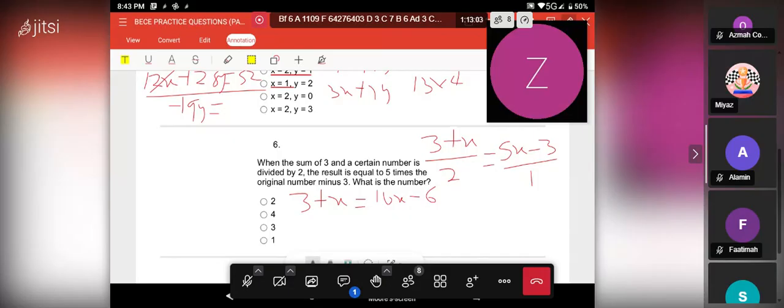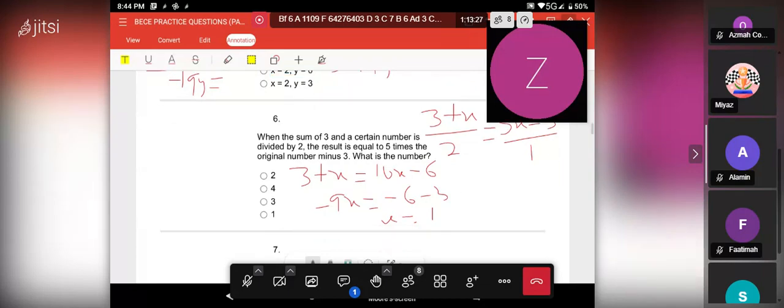Collect like terms. If 10x crosses to this side, we are going to have 1 minus 9x equals minus 6 minus 3, that is minus 9. Divide by minus 9. So x is equal to 1. The number is 1.